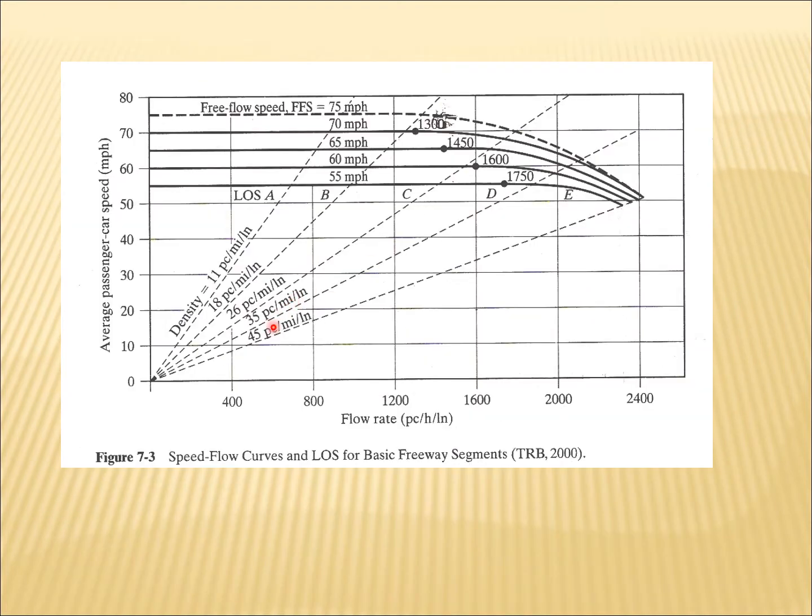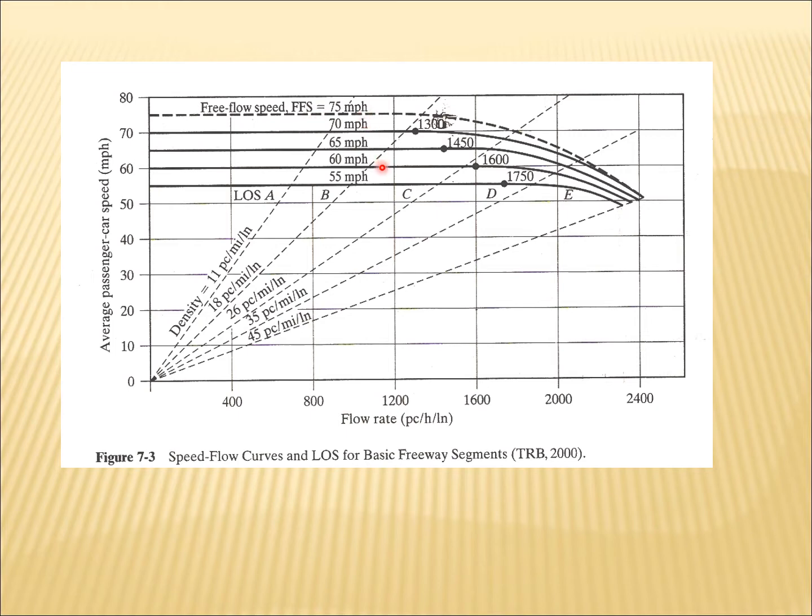Well, this is Figure 7-3, and basically it's showing the relationship between the average passenger car speed, density and the flow rate, and you can see here 55 miles per hour, 60 miles per hour, 65 miles per hour, 70 miles per hour, and this is the special case that we can consider in the case of rural areas, 75 miles per hour.